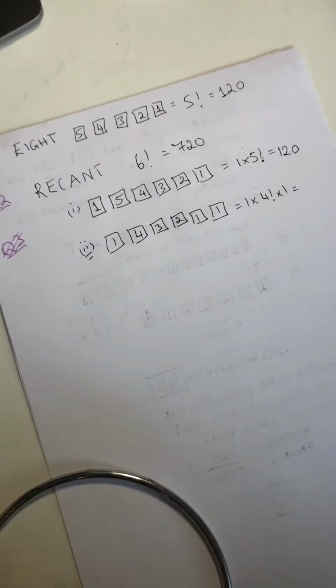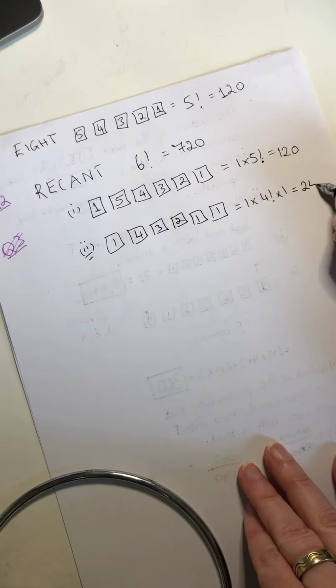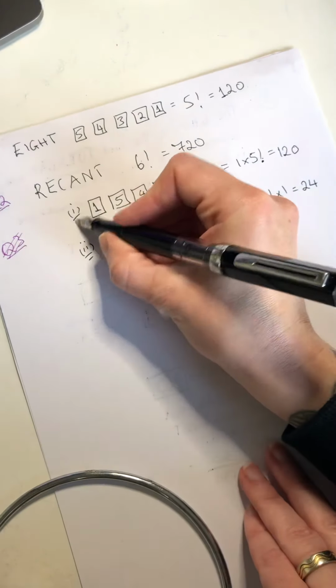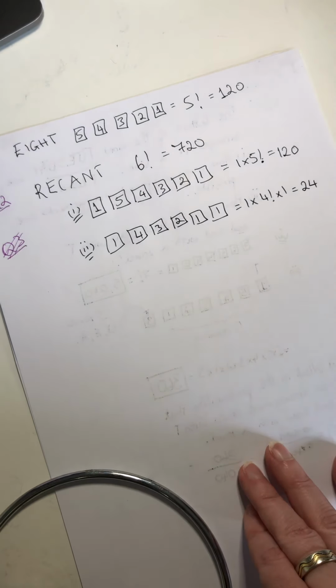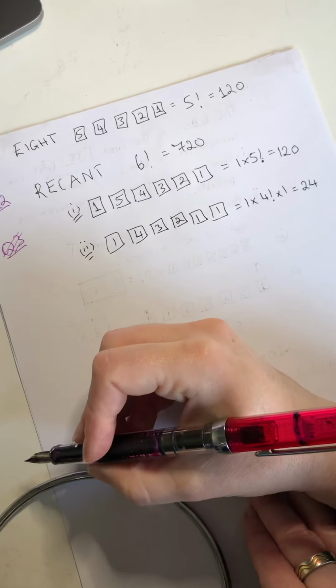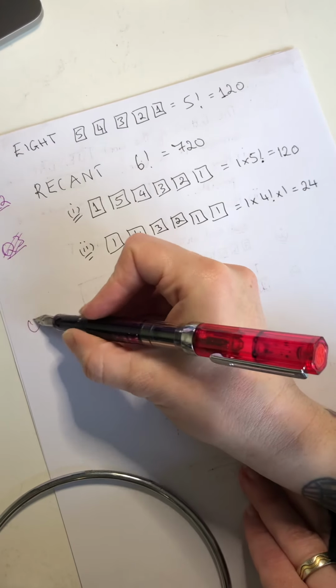Yeah, it's 24. And if I'm going a little bit quickly, you can just pause the video and check that you understand, or leave me a question if there's something that you don't understand.